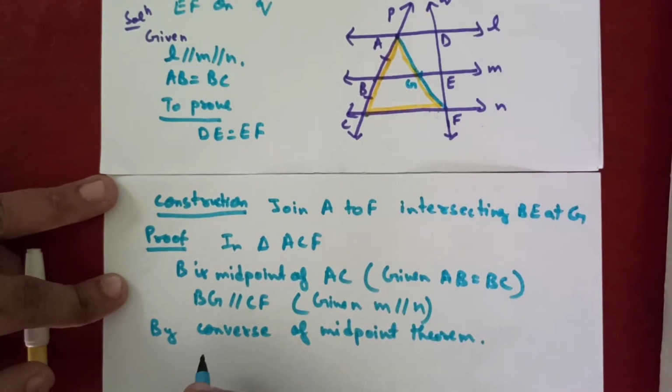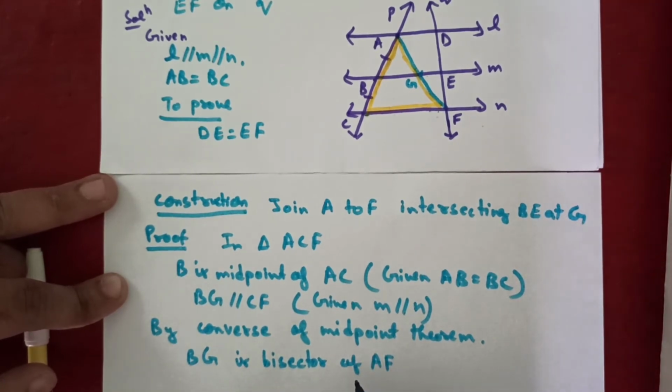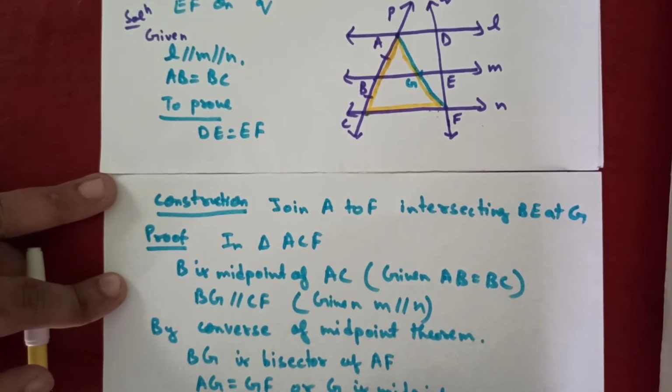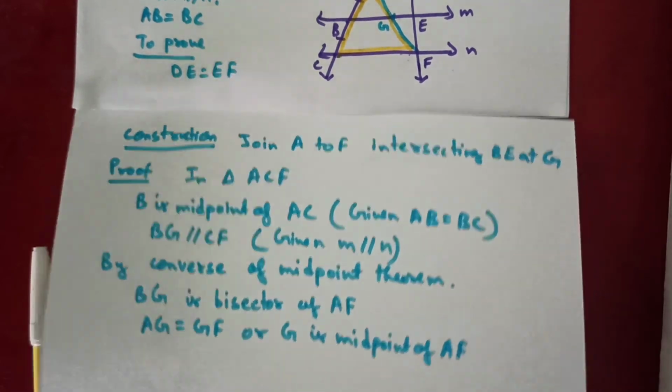Bisect the third side means BG will bisect AF. BG is the bisector of AF. If BG is the bisector of AF, that means AG will be equal to GF, or G is the midpoint of AF.